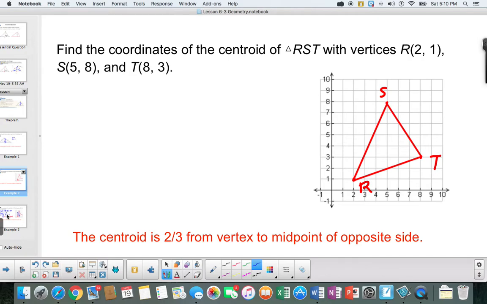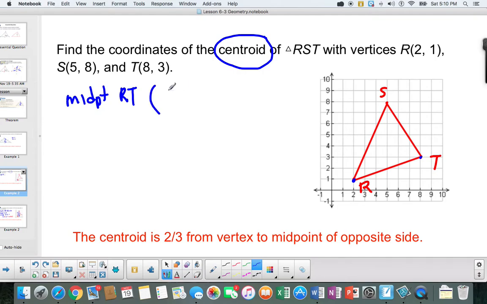All right, let's take a look at a coordinate axis here, and we are going to try to find the centroid. We want to be able to find the point that's 2/3 of the way down. So I think the easiest way is to first find the midpoint of RT. So from here to here, we're going to find the midpoint.